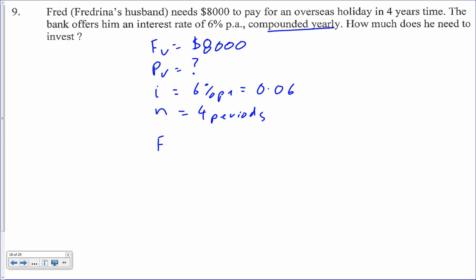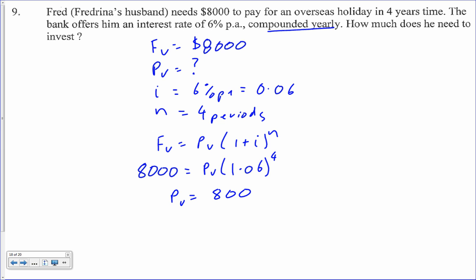So future value equals present value, 1 plus i to the n. So 8,000 equals present value, 1.06 to the 4. So present value equals 8,000 divided by 1.06 to the 4.